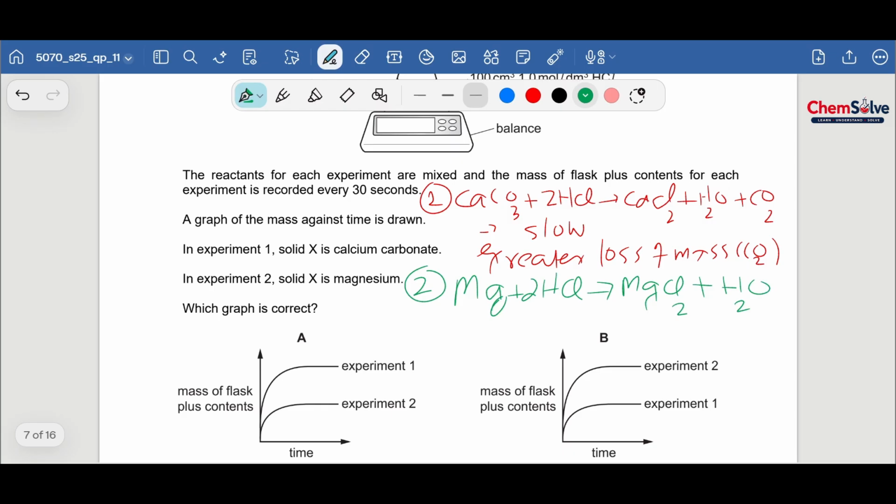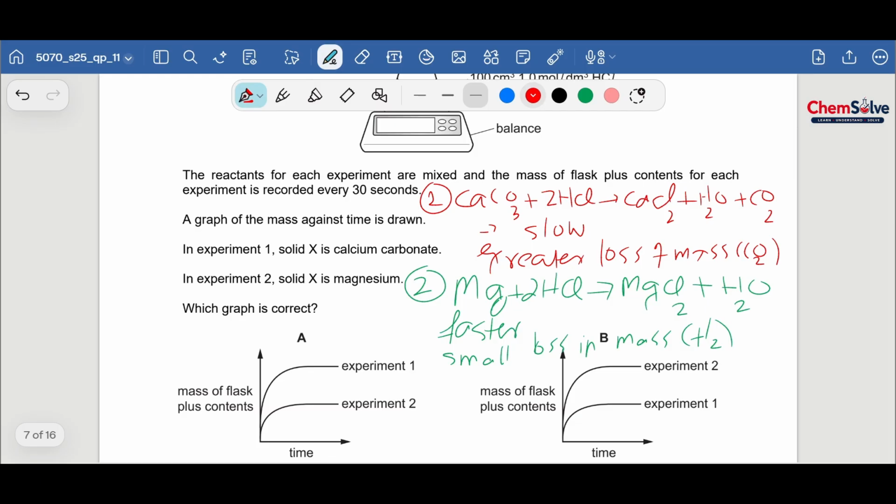This reaction is a bit faster because magnesium is more reactive, and there would be a small loss in mass due to hydrogen, because hydrogen is a lighter gas.